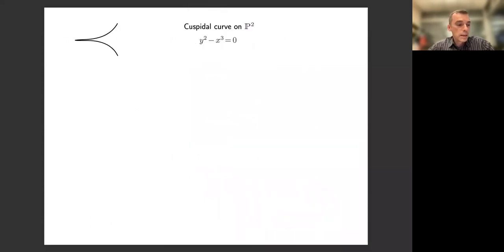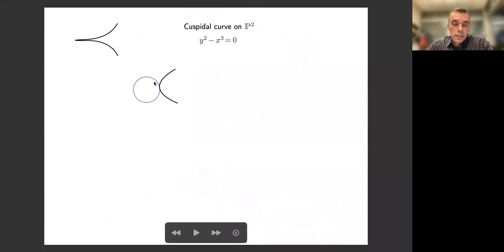Let me give a very quick example here. You have this cuspidal curve in P2, and this blue line represents the projective line. We call this the exceptional divisor that is going to be formed by this sequence of blowups. The union of the black line and the blue line corresponds to the transform of the original curve by these maps.